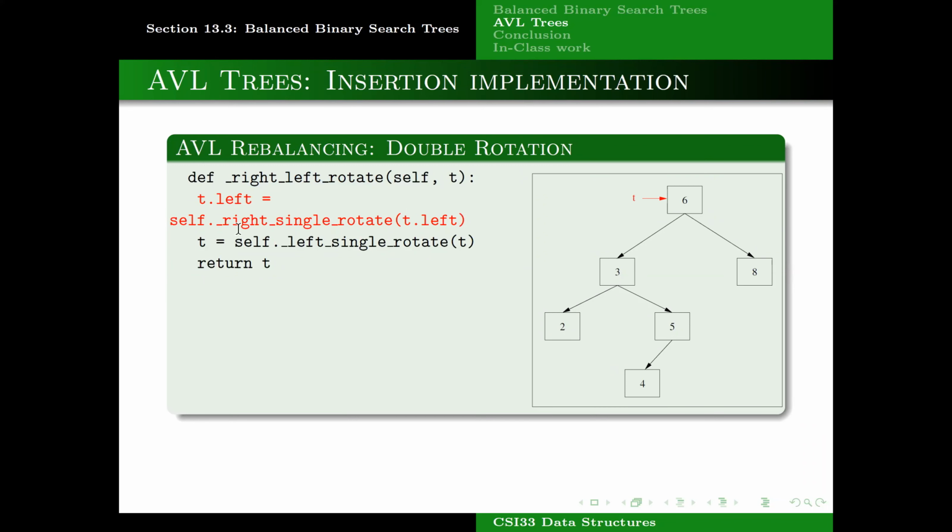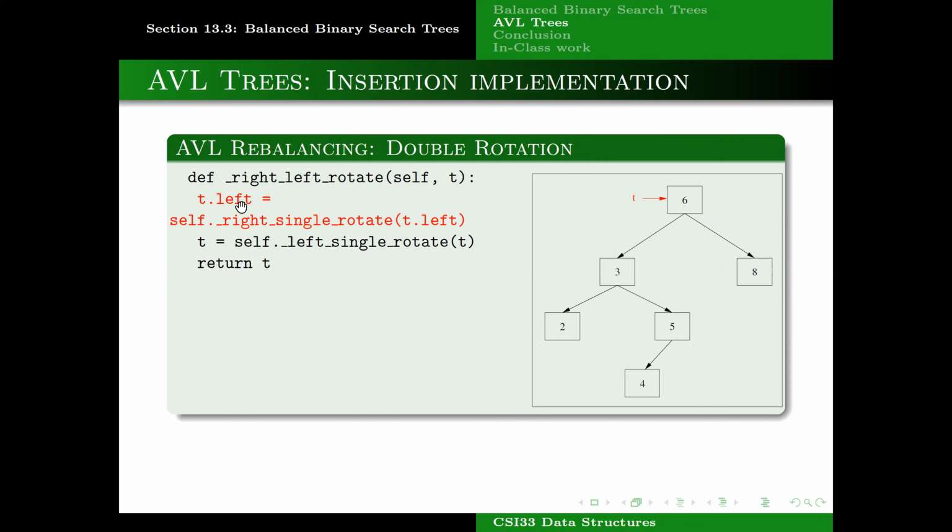First, as you can see over here, we will do right single rotation. Let me see. Right single rotation, T left. Like, you know, I'm talking about this. So this. And then we will do the left single rotation. Okay, I'm trying to see how we will end up doing this one first, because we need to do this one first. Okay, so let's see how the call is made.